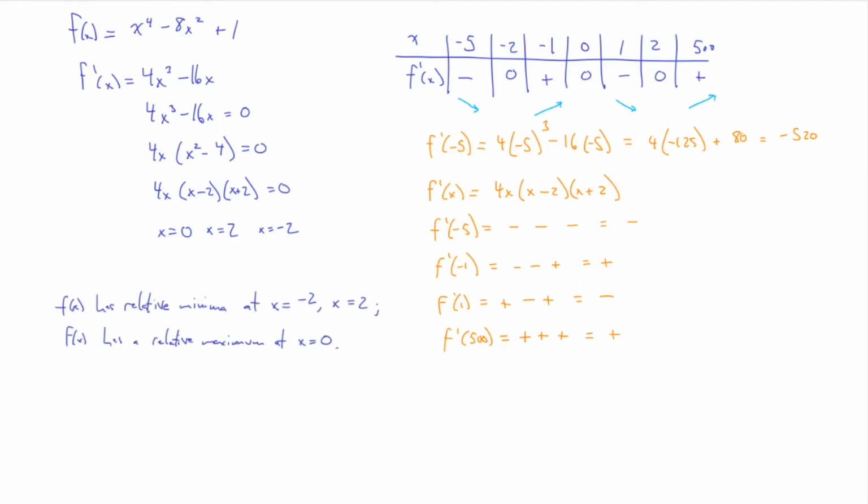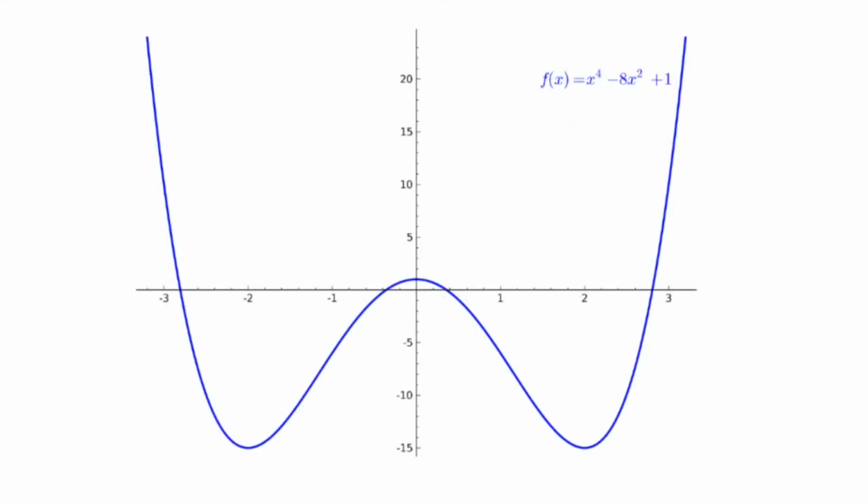And what we've just done is use the first derivative test, and we can conclude that this function has relative minima at x equals negative 2 and x equals positive 2, and a relative maximum at x equals 0. And here's the function we've been talking about, f of x equals x to the fourth minus 8x squared plus 1, and you can see clearly the local minima at negative 2 and positive 2, and the local or relative maximum at x equals 0.